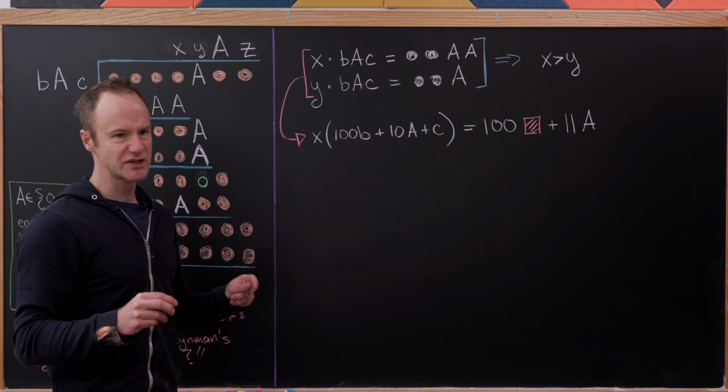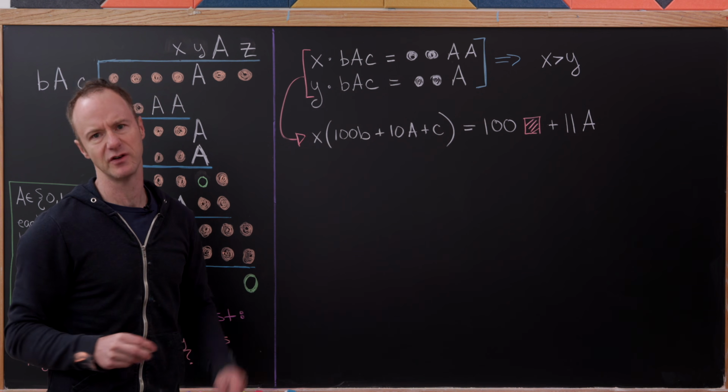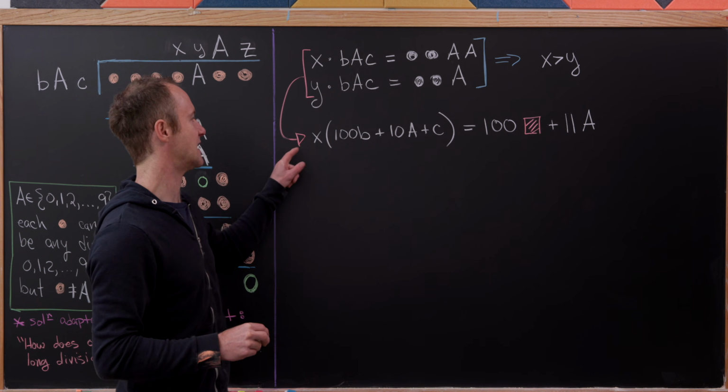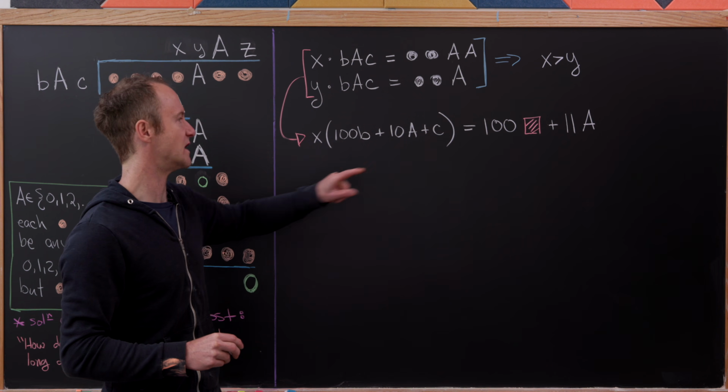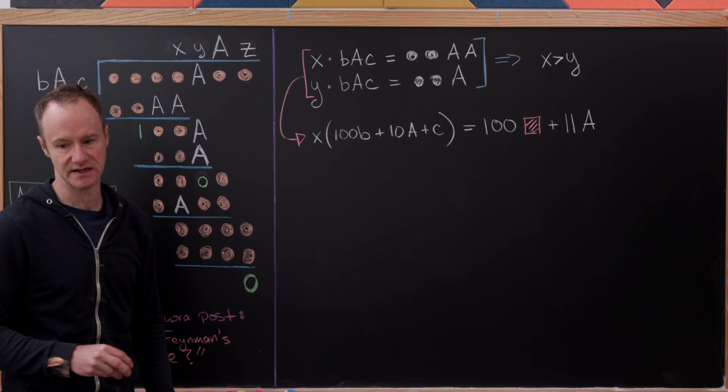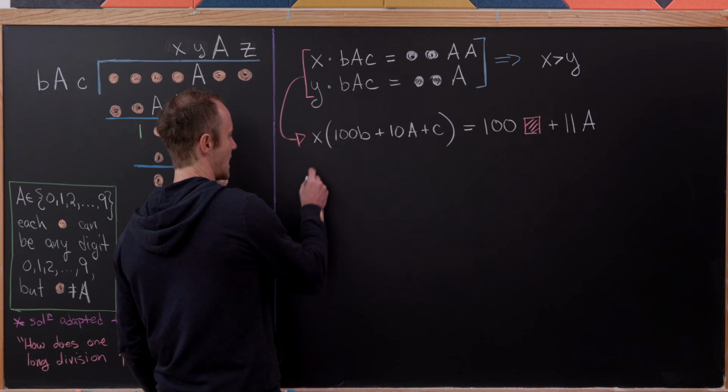Okay, so let's just note that here we have b in the hundreds place, that's why we have 100b, and a in the tens place, that's why we have 10a, and then c in the ones position, that's why we just have c. And now we'll do a similar expansion to this second line.